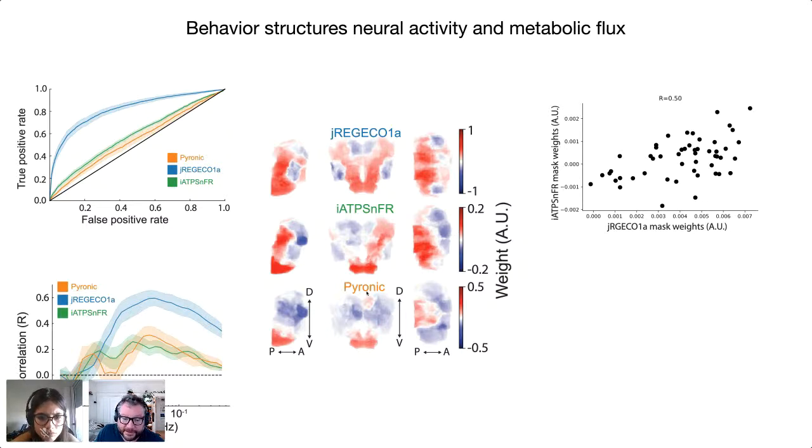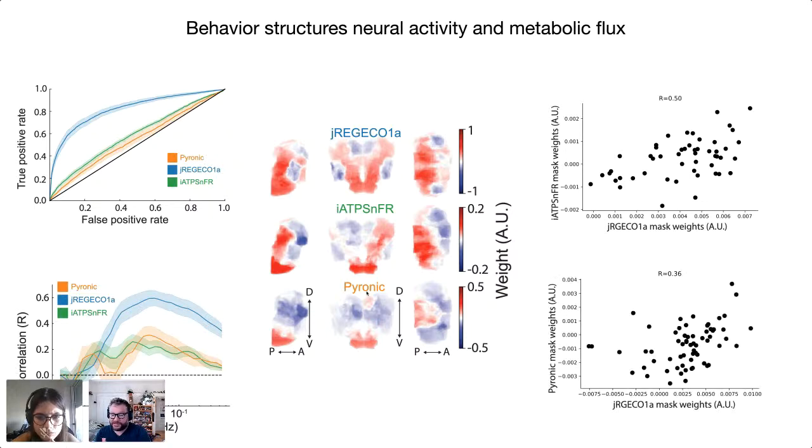Again, it's not perfect, because the metabolic indicators are clearly not the best way to do this, but they do still correspond well. The same thing is true for the pyronic mask, where it's lower than the ATP sensor, but it still maintains the overall structure.